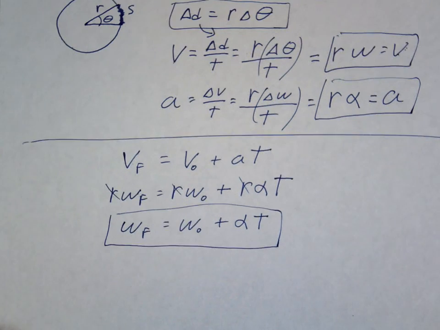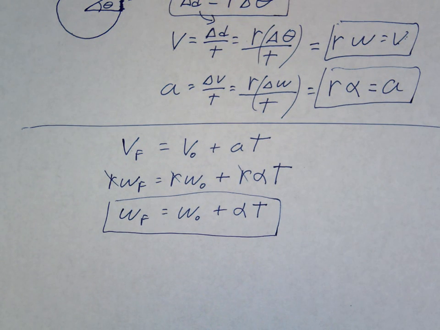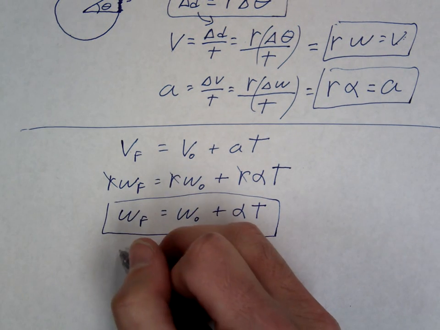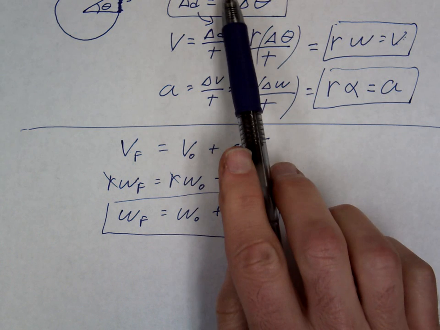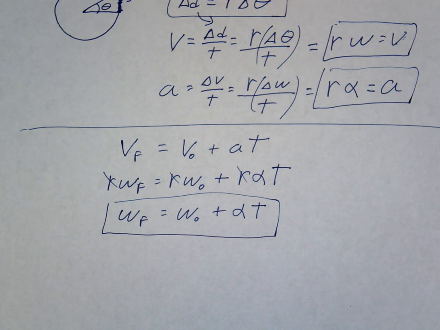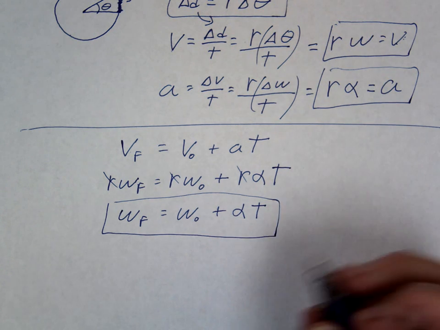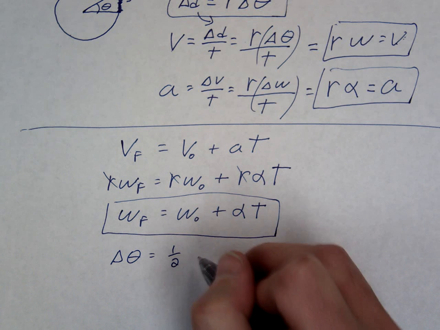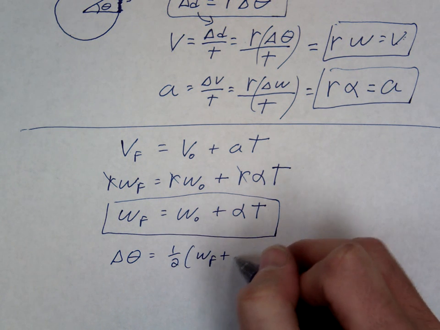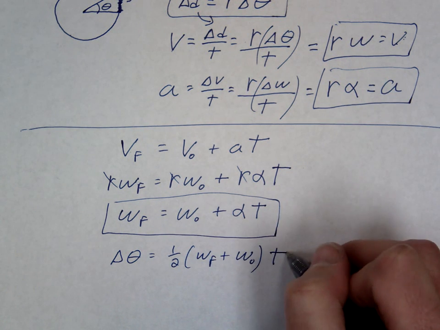So let's just go ahead and write them down. Number 2, we have our delta d equation, right? What's the equivalent to delta d? Is it r or S or theta? Theta, yeah, it's theta. So we're going to write this as delta theta equals 1/2 times omega final plus omega initial times t.